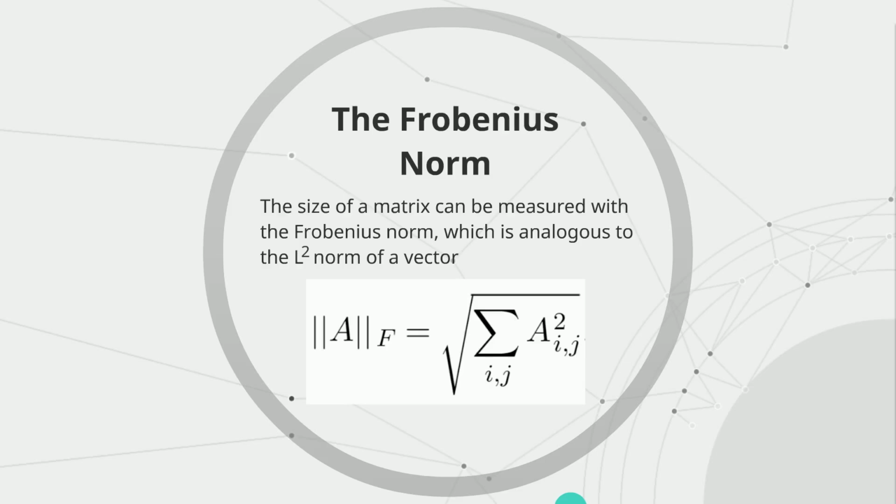And then we're simply taking the square root of the summation of all of the elements in that matrix squared. And so you see the square root here because this is analogous to the L2 norm, and taking it to the power of 1/2 again is just the square root. No need for the absolute value in here since we are indeed squaring all of the elements, which is going to return positive values, summing those all up, and then taking the square root.